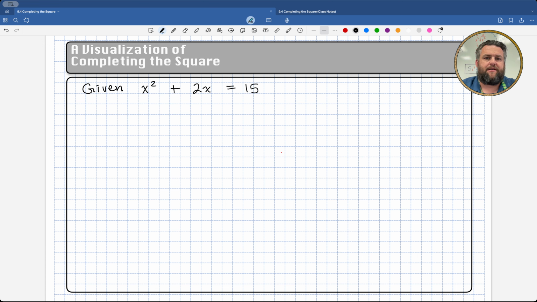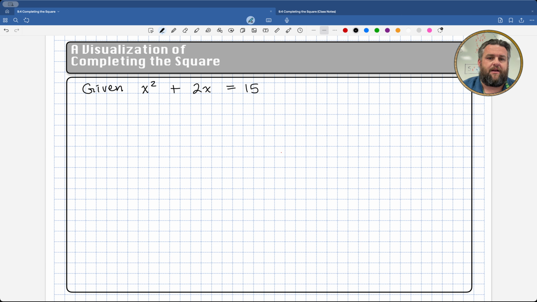So this is the standard form of the equation. We're going to use some actual geometric shapes here to represent the equation. The size of the shapes doesn't particularly matter. It's just a concept of what this is going to cover. We were talking about completing the square as a way to solve the quadratic equation.